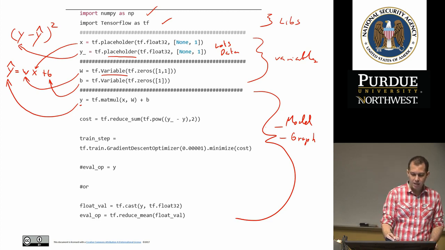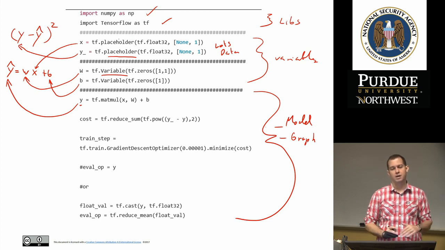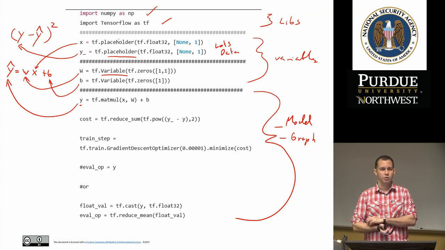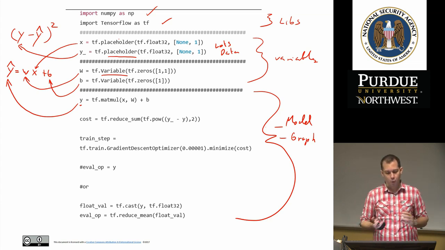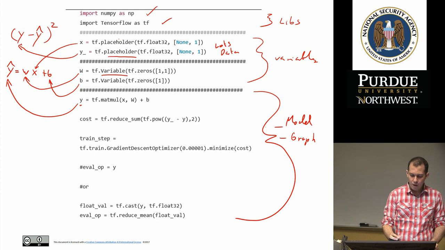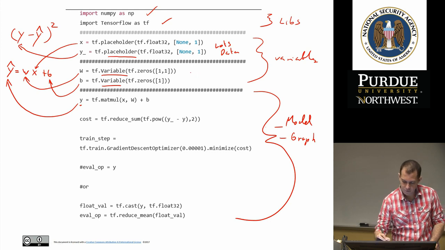So in that case, TensorFlow has defined a type of variable called a placeholder that is very efficient for that purpose. Whereas if you define something like a tf.variable, these are usually model variables.